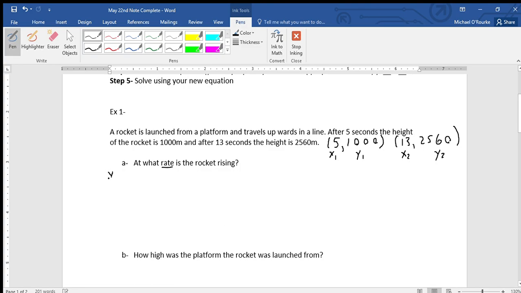So we have Y2 minus Y1 over X2 minus X1, which would be 2560 minus 1,000 over 13 minus 5.